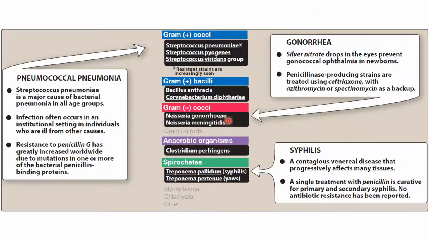Also, newborns can get a gonorrhea infection of the eyes, which is called blennorrhea in newborns, because they pass through the birth canal and that can lead to obtaining Neisseria gonorrhoeae.